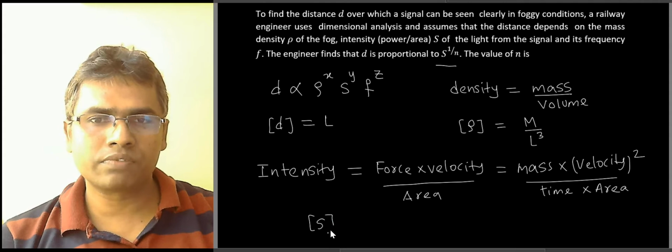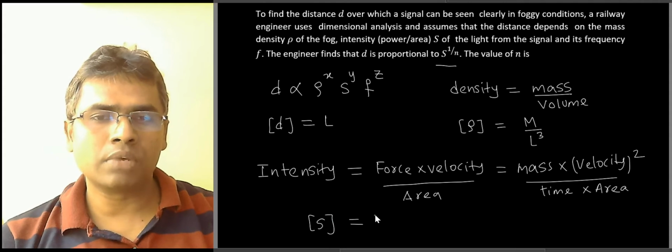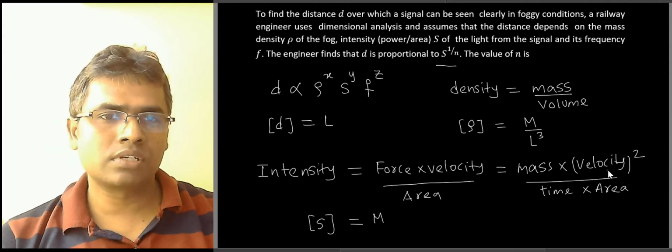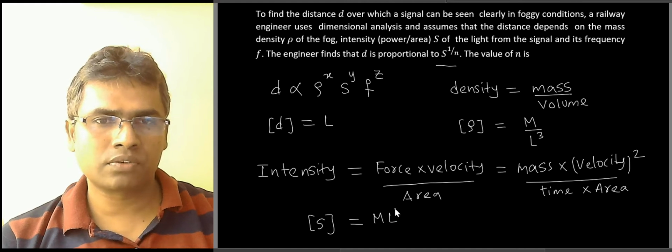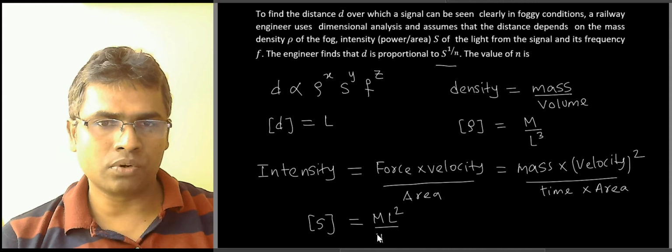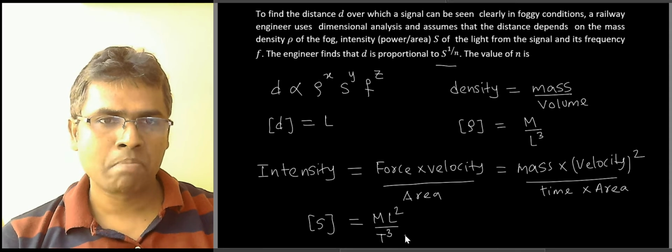So the dimensions of intensity will be mass. Again, velocity is distance over time, so you have length squared, and then time squared comes to the denominator, and then we already have a time. So that's T cubed. And then area is length squared.